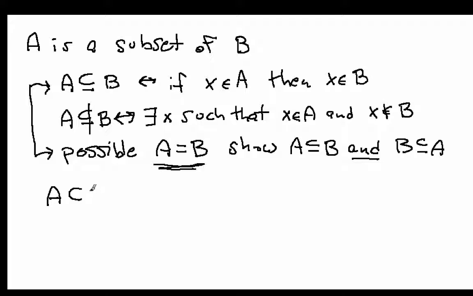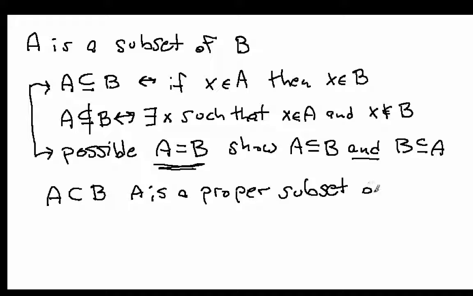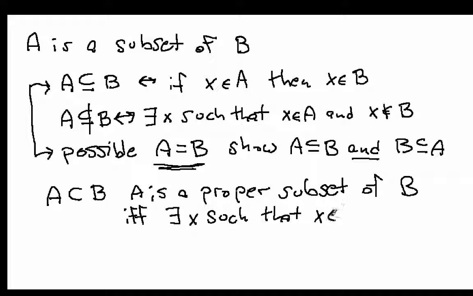We just write it this way, and we would read this: A is a proper subset of B, and that's if and only if there exists an X such that X is contained in B and X is not contained in A.